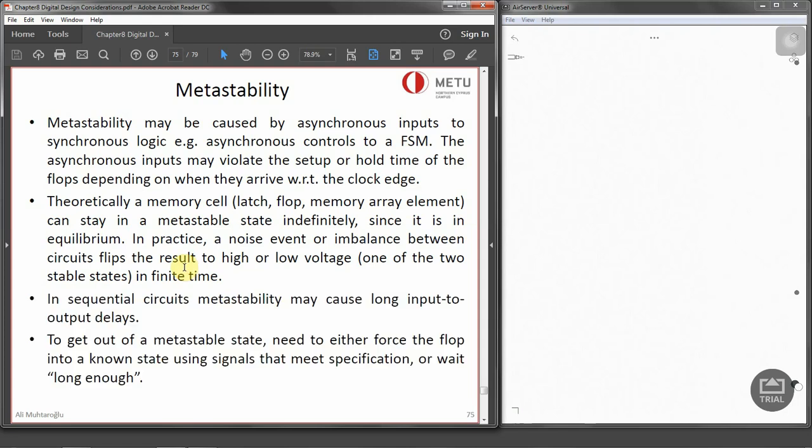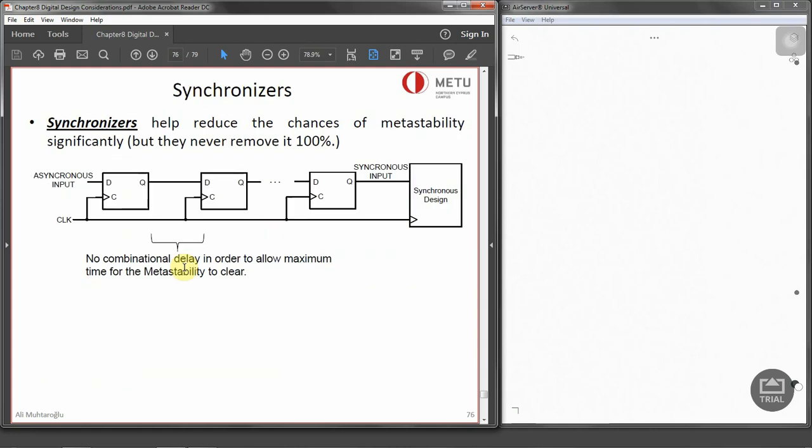To get out of the metastable state, we need to either force the flip-flop into a known state using the signal specifications, or wait long enough. We can also use synchronizers, which are sequential circuits with flip-flops cascaded.